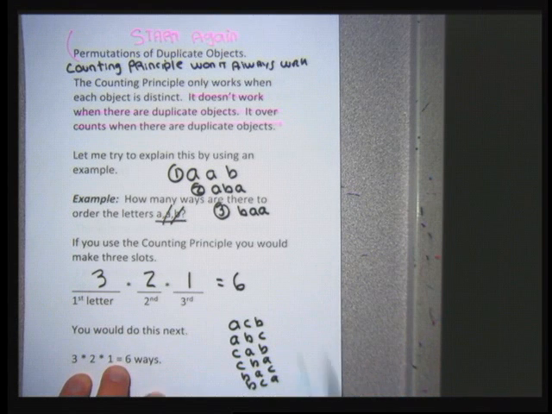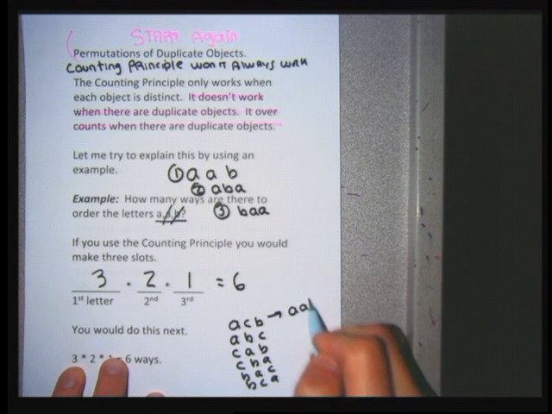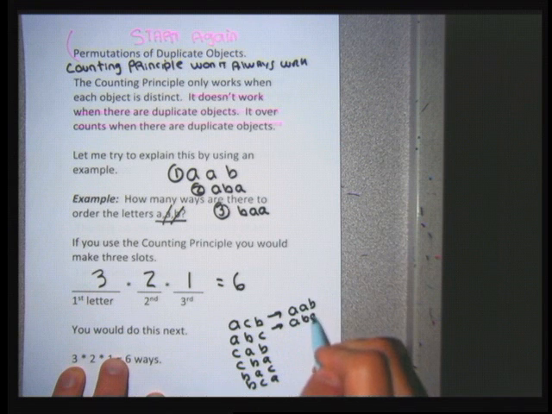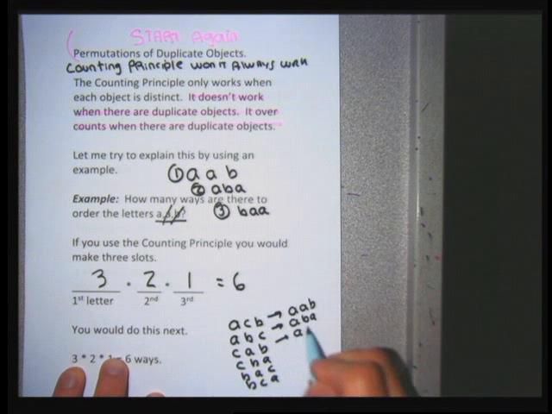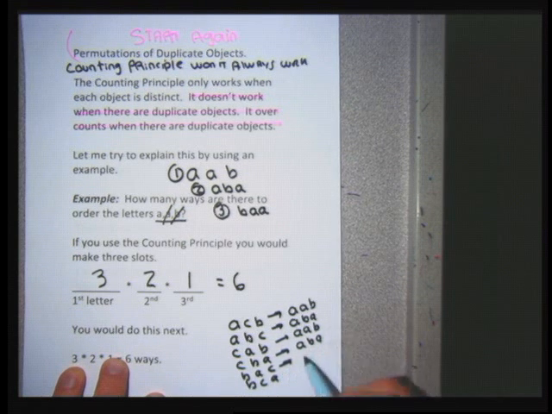But the problem is if it's AAB, and I change each of the C's back to an A, what the counting principle is doing is pretending that the duplicate A's are 3 distinct letters.